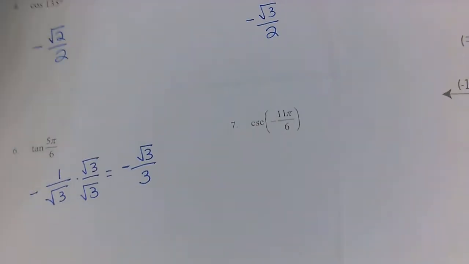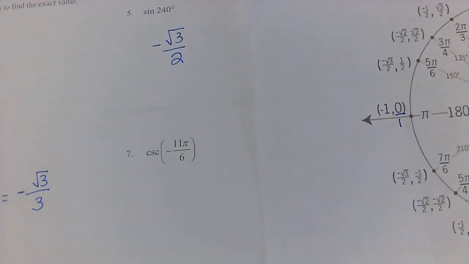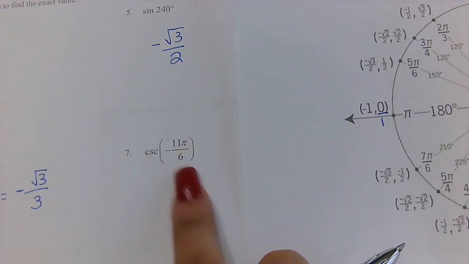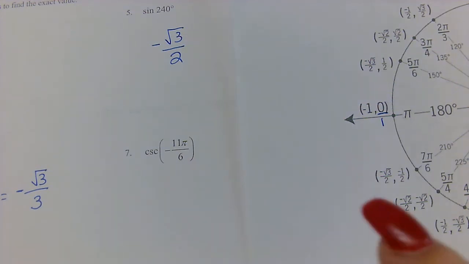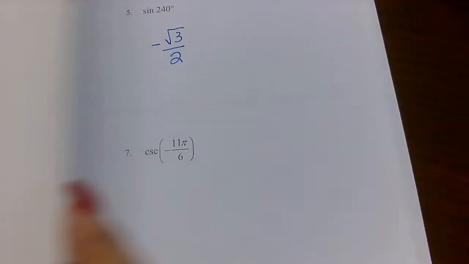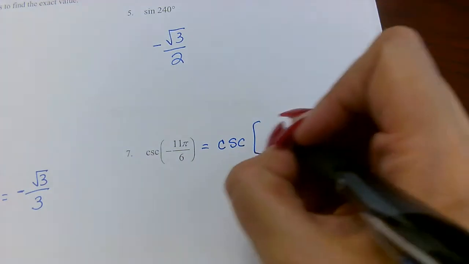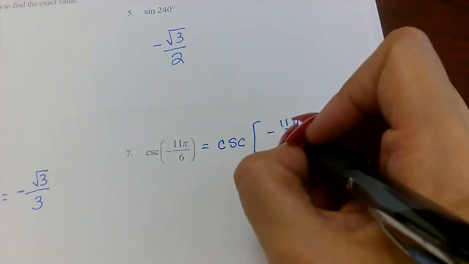All right, let's go on to the next one. Number 7 is negative 11 pi over 6. This is not in standard form, so what we're going to have to do is go ahead and make it into standard form. It's going to be the easiest way to do this one. So I'm going to go ahead and put here cosecant 11 pi over 6.